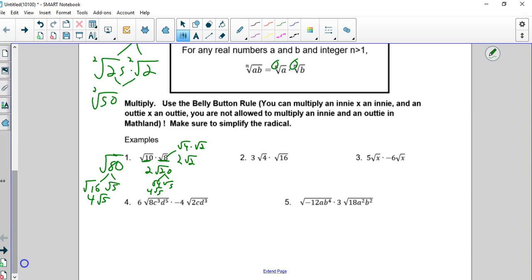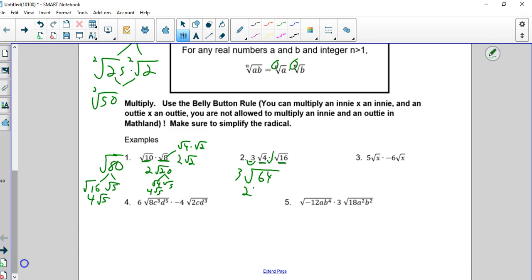So here's that inside and outside rule. There's really a 1 out here. So this and this get multiplied, and this and this get multiplied, even though it's just a 1. So we have 3 times radical 64, which is 8.